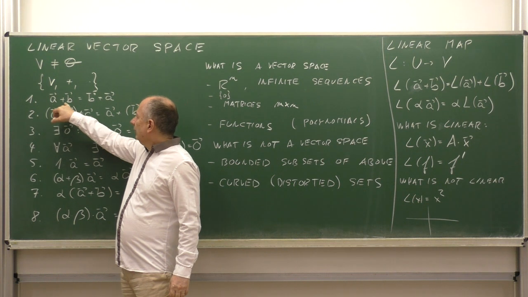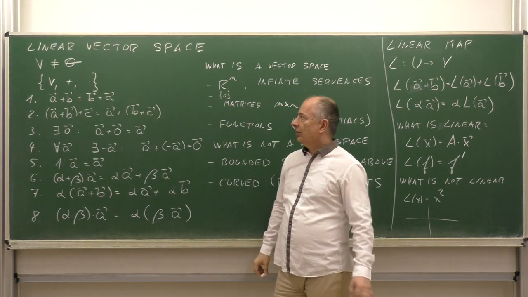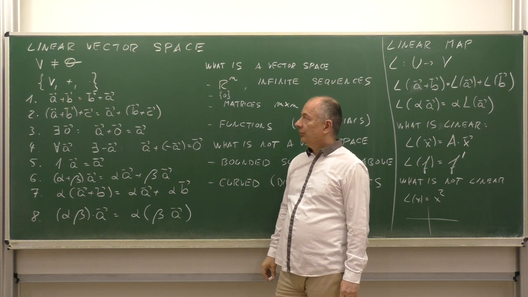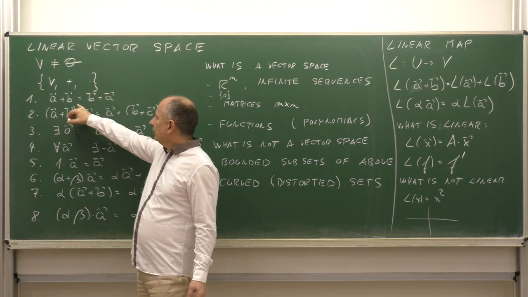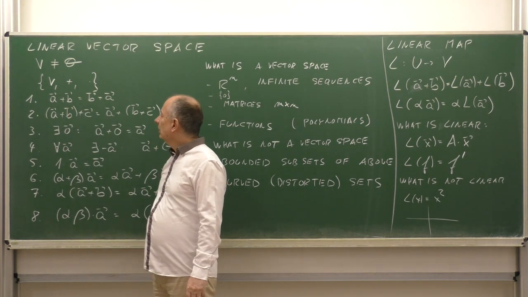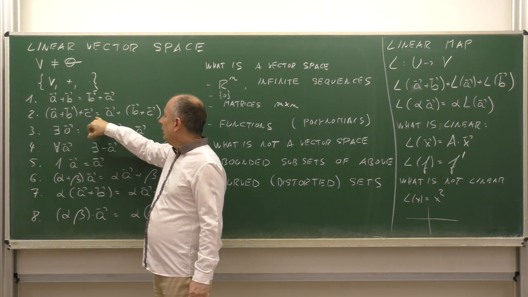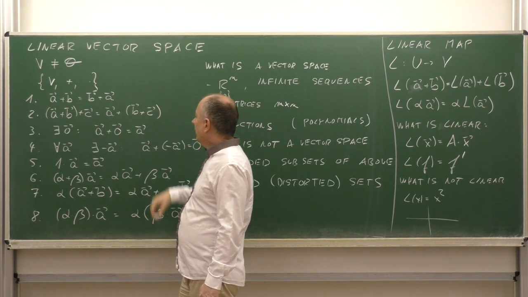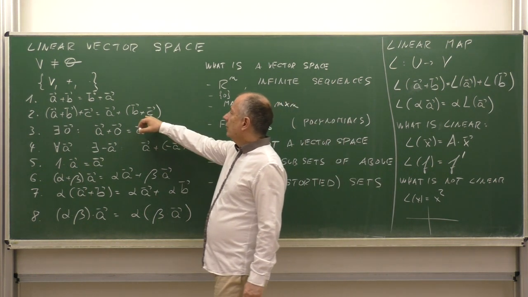We want a plus b to be equal to b plus a for any 2 vectors in the set V. This is called commutativity. Well, some operations satisfy this, right? We want (a plus b) plus c to be equal to a plus (b plus c). This is called associativity.